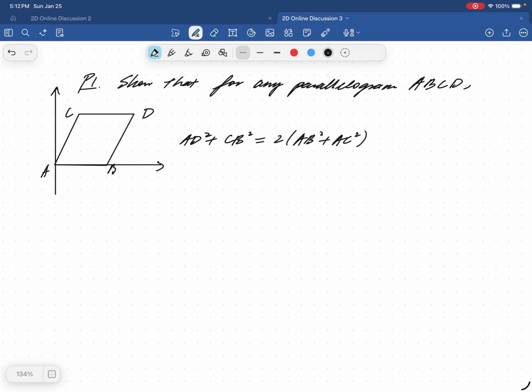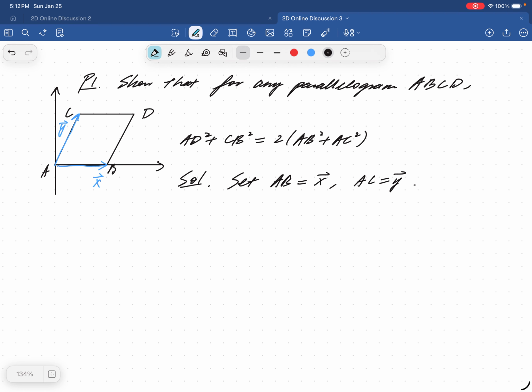So we can set AB to be our vector x, and we can set AC to be our vector y. Great, so segment AB is x and segment AC is y.